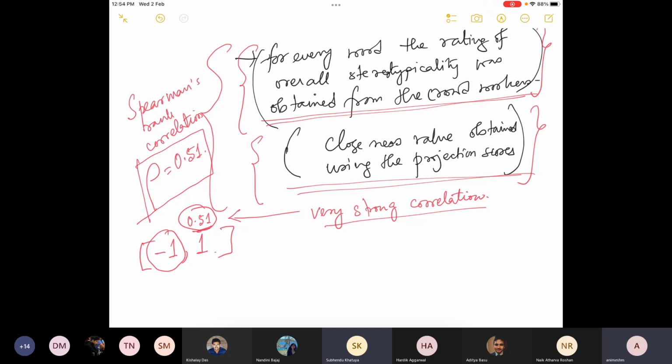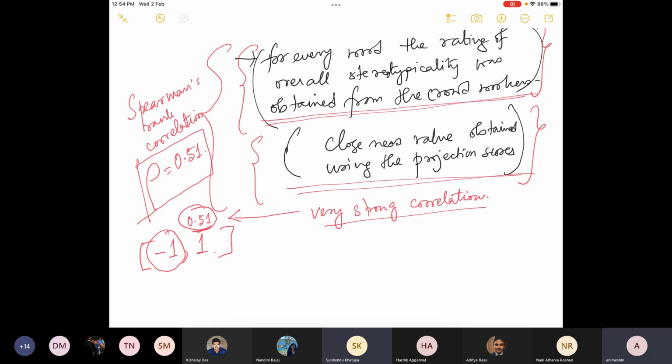Which means that the occupation words, as per the ratings of the crowd workers, are strongly biased, or strongly gender stereotypical in nature. Fine. So that is what is coming up from this whole story.